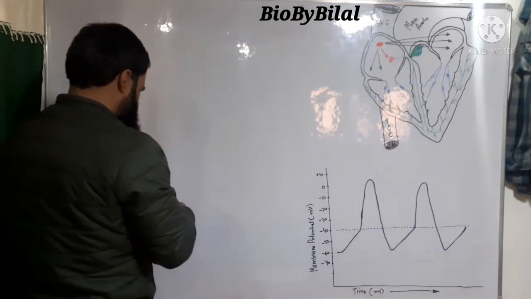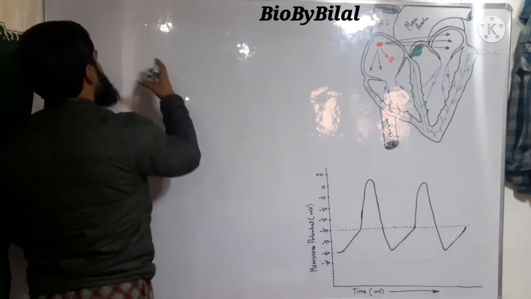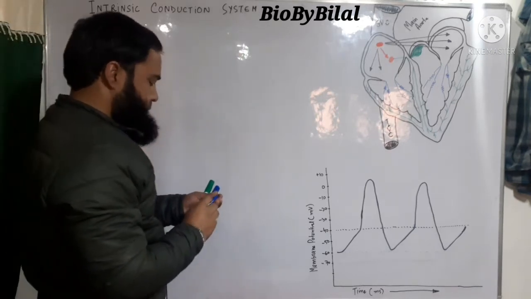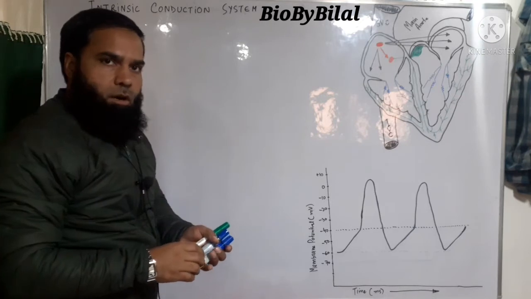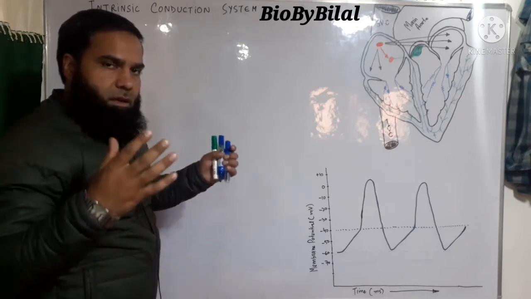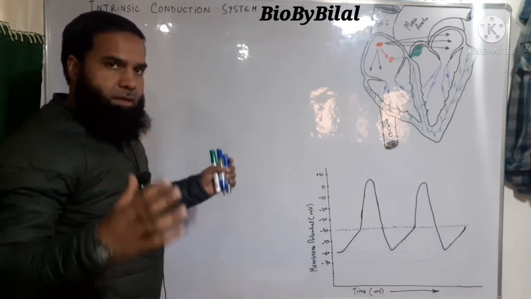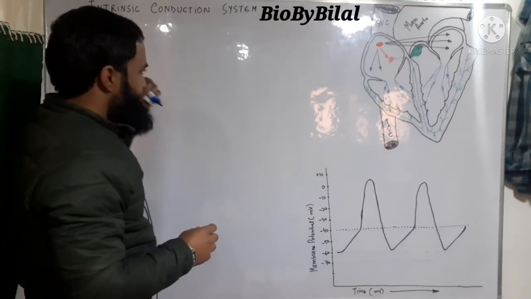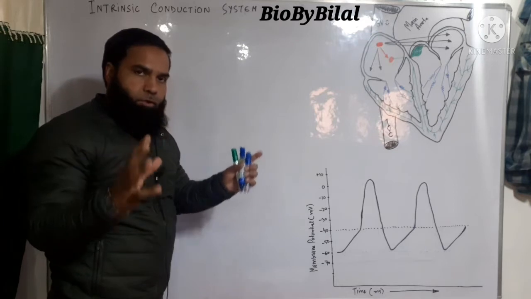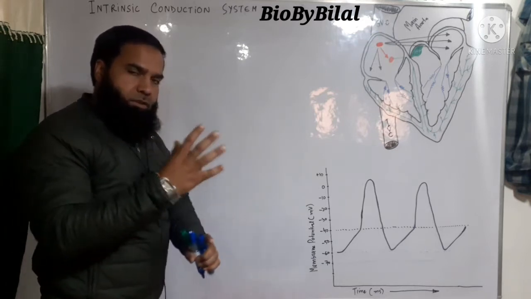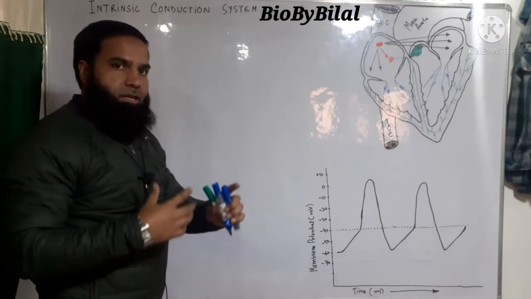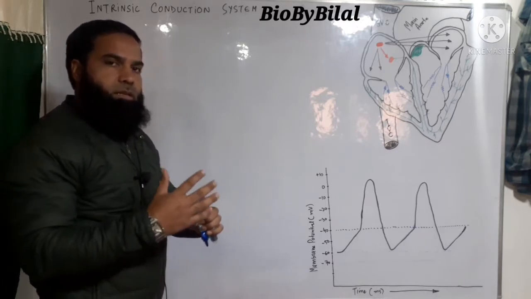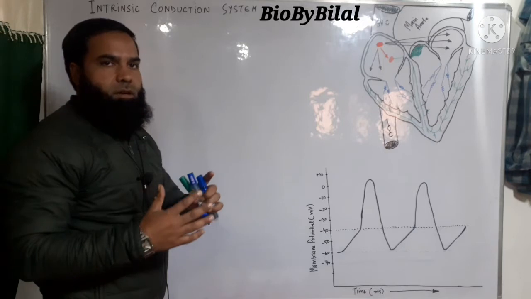The topic here is called the intrinsic conduction system. The intrinsic conduction system is the system of the heart, which means the heart controls its activity on its own. The heart shows the wave of depolarization, or the action potential, created on its own by certain kinds of cells found in the heart.